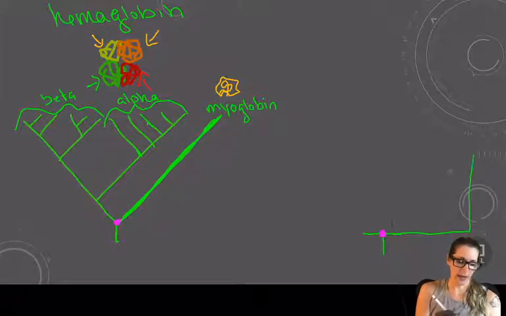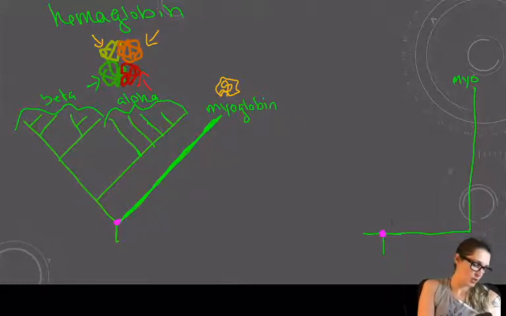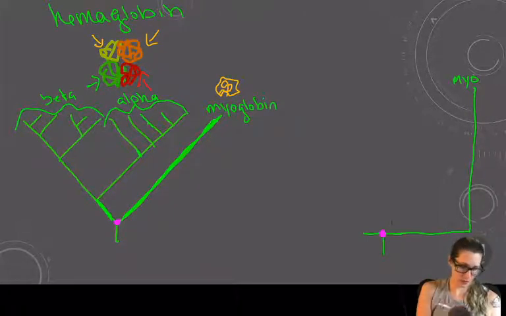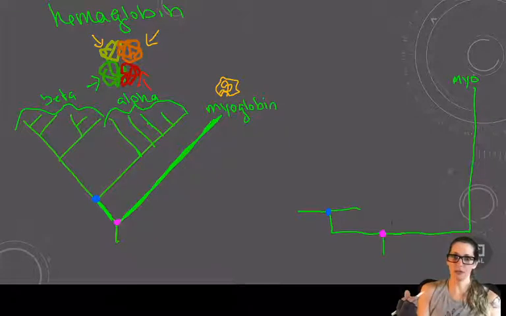So that would be that. That's myoglobin. I'm just going to put myo. This other branch here comes here and branches again. I'm going to use a blue dot for that. So we know that we come out here, we got to come up and we're going to branch again. Blue dot is at that branching site right there.